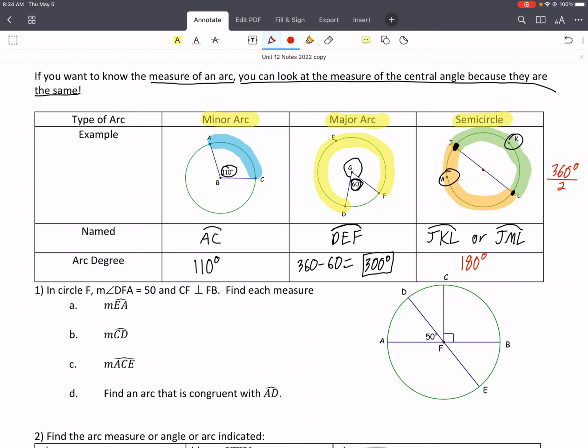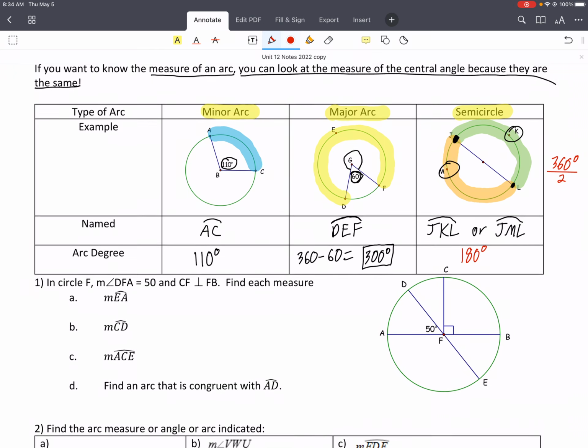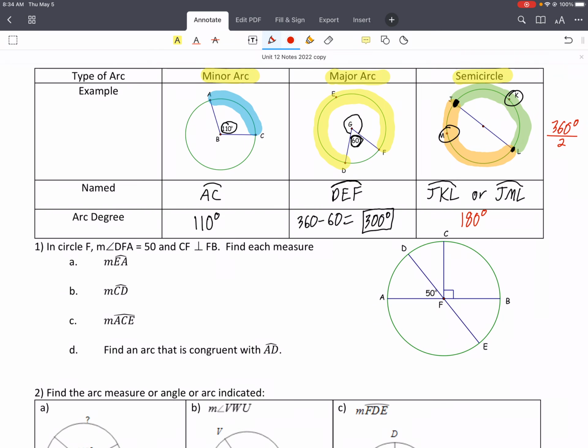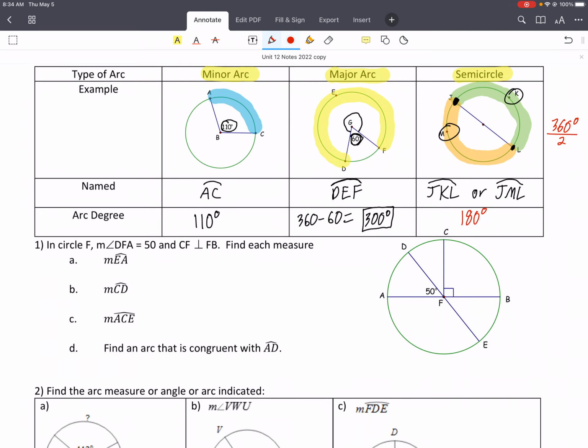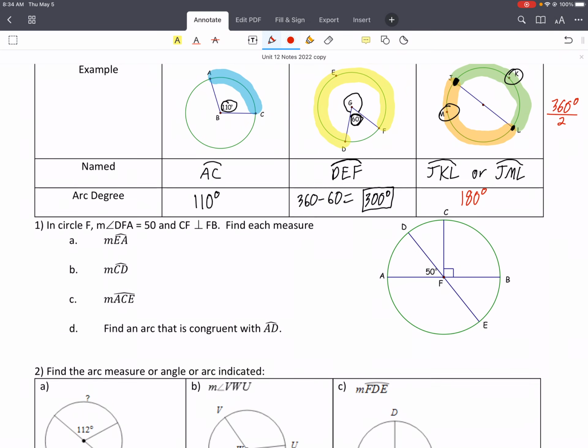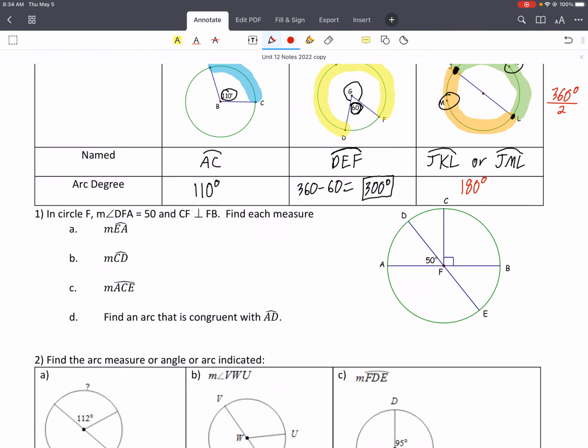Okay, so now guys, we're going to do a bit of chasing the angle, where we want to figure out the arcs for these ones. So in circle F, if the measure of angle DEF is 50 degrees, which we have, and CF and FB are perpendicular, find each measure.